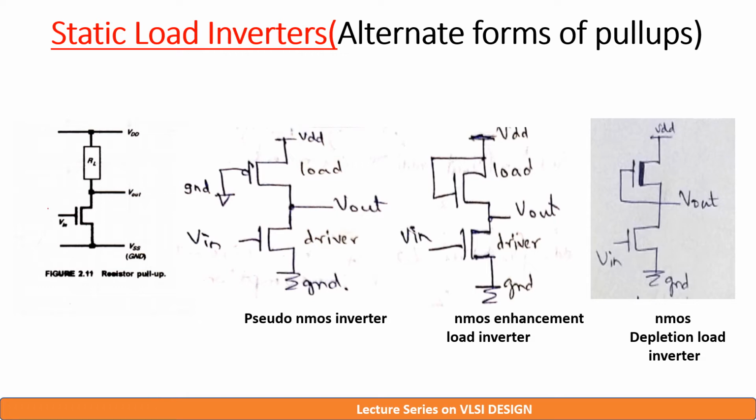So when the input is 0 for pull down devices, since it is an inverter, pull down will be a single NMOS device, and if the input is 0, all these pull down devices will be in off state since it is NMOS device.